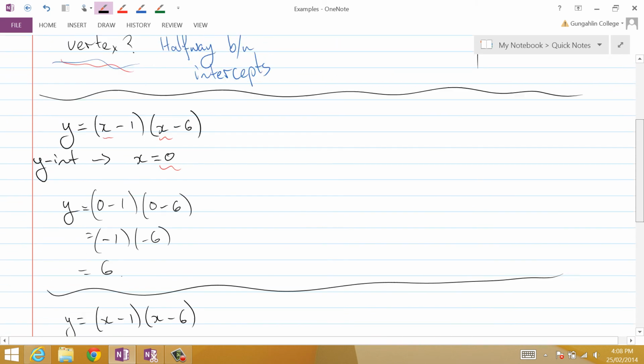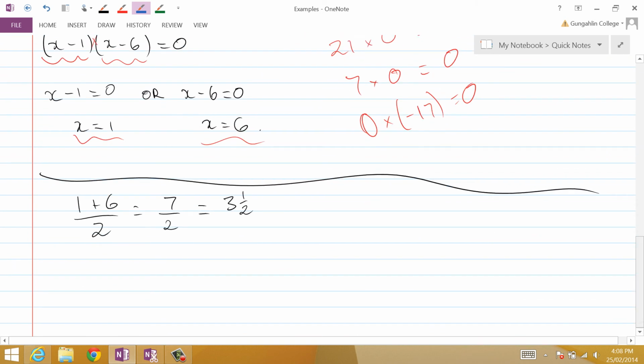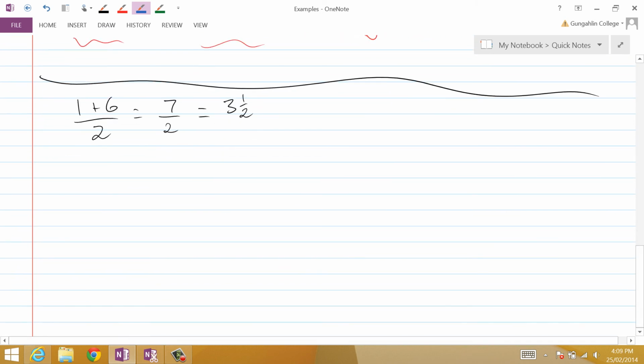So that is going to be the x-coordinate of the vertex. Now, to get the y-coordinate, we need to substitute into the equation. So let's do that. When x equals 3.5, y equals x minus 1, x minus 6.